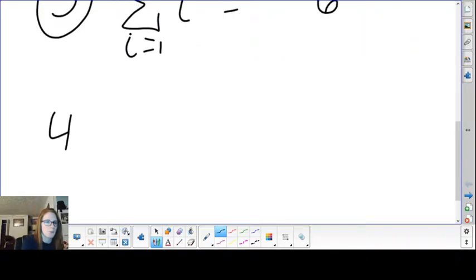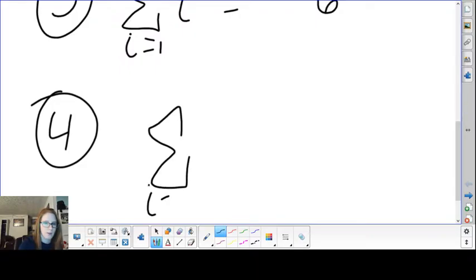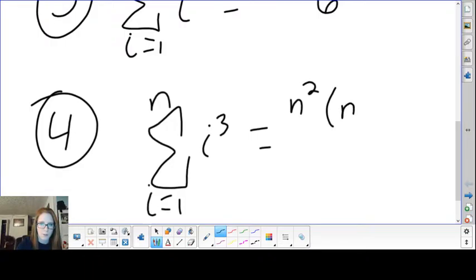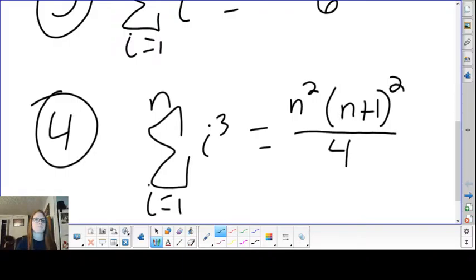And my last one, the summation from i equals 1 to n of i cubed, is n squared times n plus 1 quantity squared, divided by 4. All right, let's put these bad boys into use.